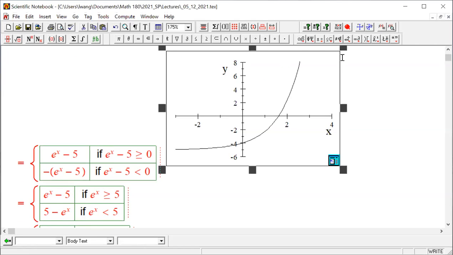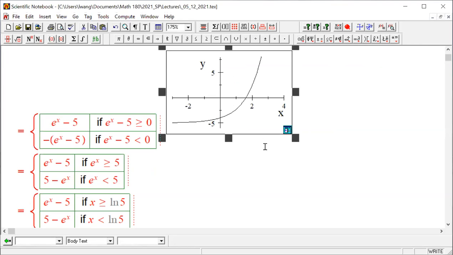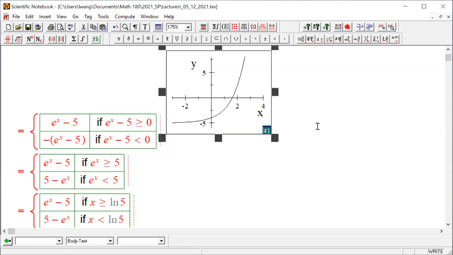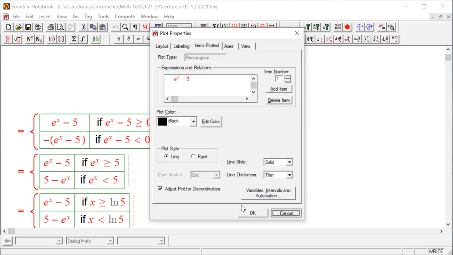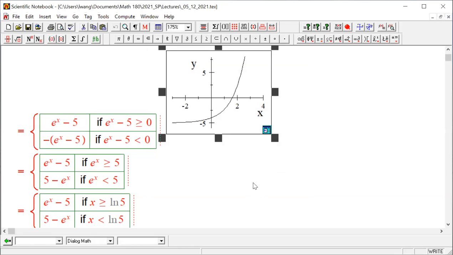You see this step, this graph, okay? This graph. And the point of intersection, what is the point? What is the x-intercept here? I want to show you the different perspective, okay?